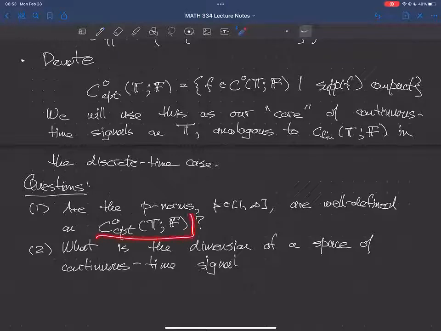So we're going to be looking at spaces of signals that are bigger than that. And so any space which is bigger than that, what's its dimension?